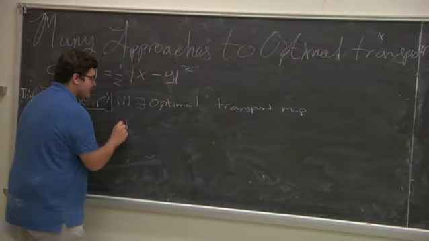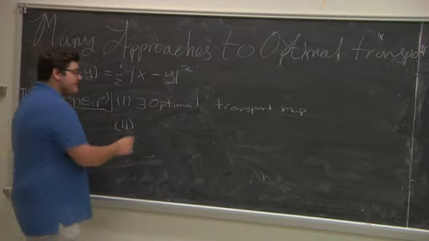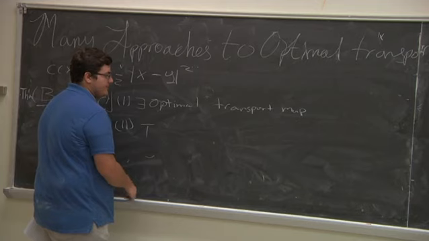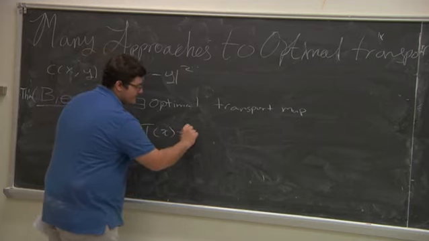And then the really important conclusion is that this map takes a particular form. Specifically, the optimal transport map is equal to the gradient.